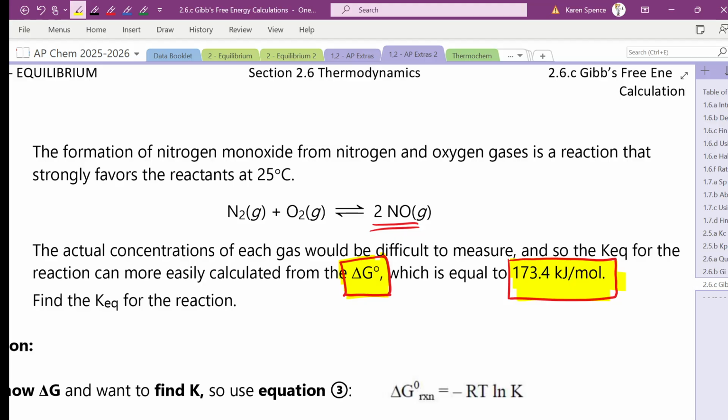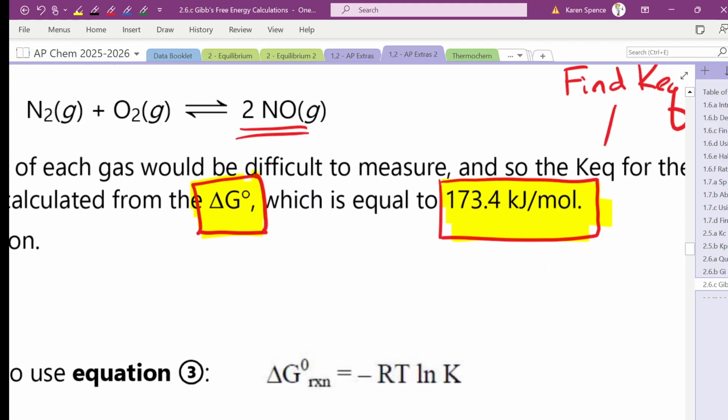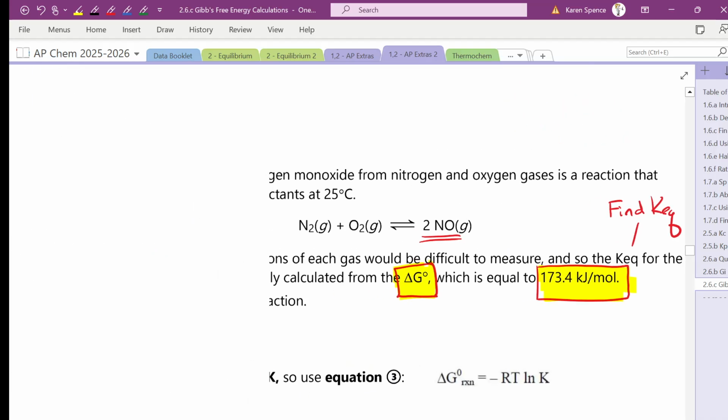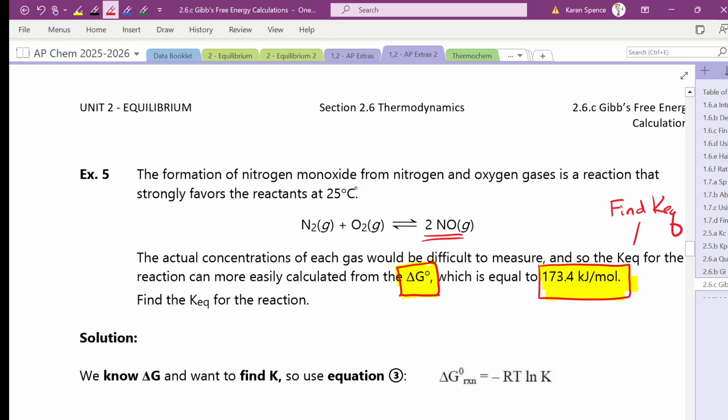So if we know the delta G, we can find KEQ. So for that, again, we want delta G naught is equal to RT ln K. And we are told that this is at 25 degrees Celsius.